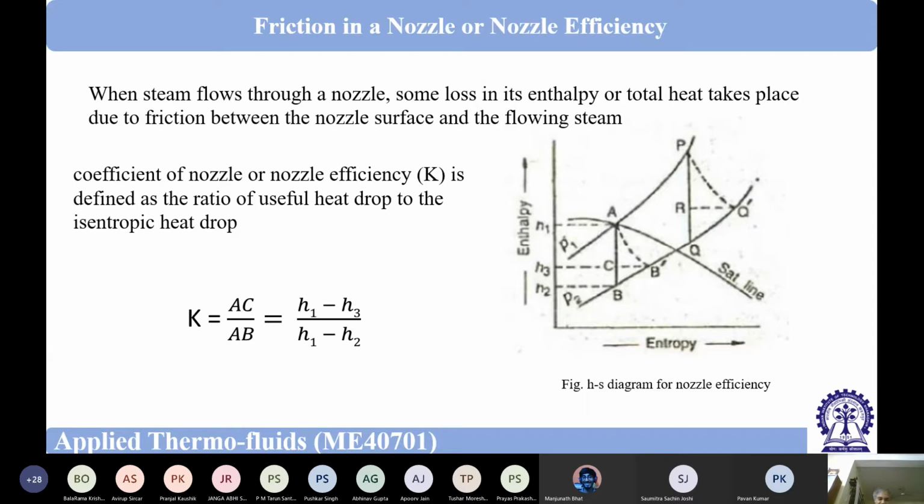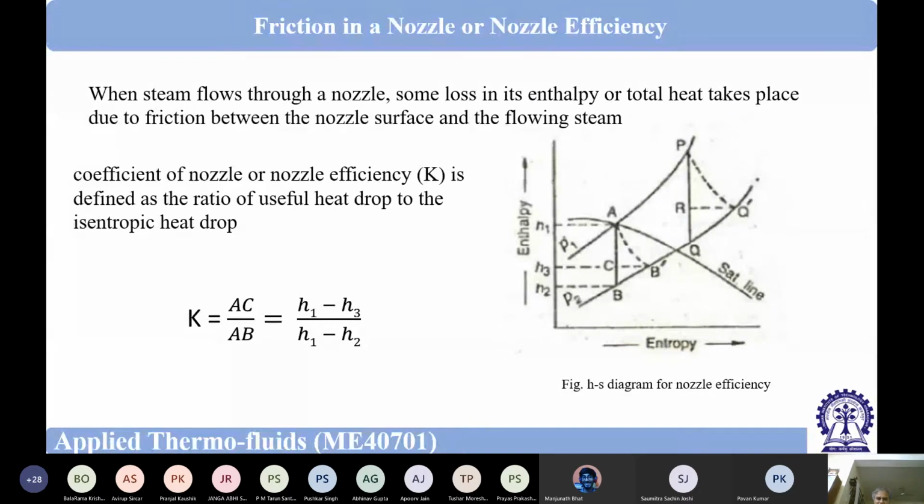Though so far we have not used this diagram much, we have used mostly the temperature entropy diagram, but this is also a good way to represent different processes involving steam.